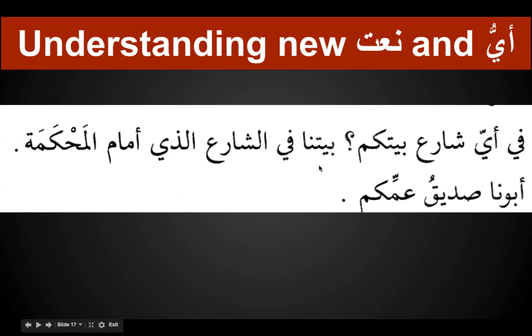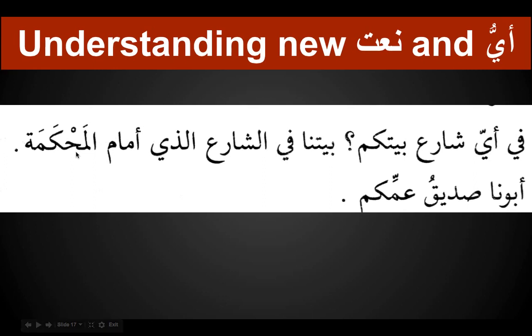Baytu is the subject of the sentence. Baytuna, our house, fi shari'i, in the street, and allazi is coming as an ismu mawsul describing the street. After ismu mawsul there is always silatul mawsul. What is silatul mawsul? Amam al mahkamati. So our house is on the street which is in front of the court. Mahkama is court where the judgment, hukm, is passed.